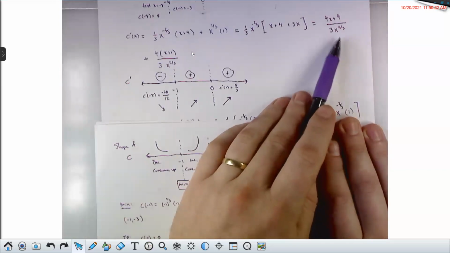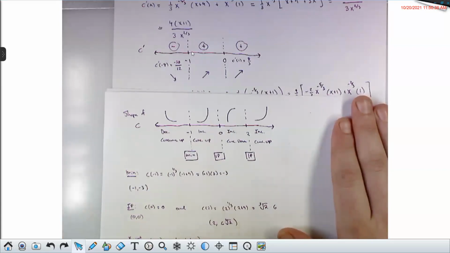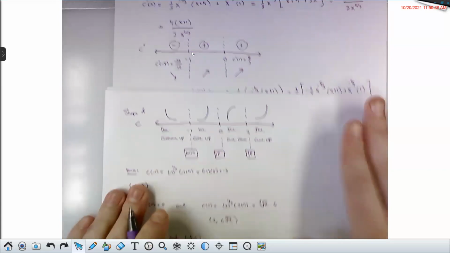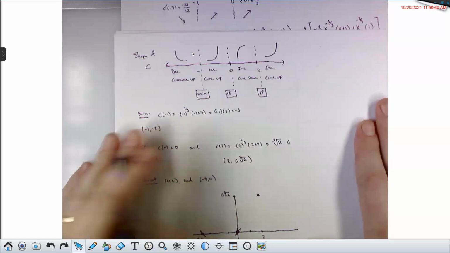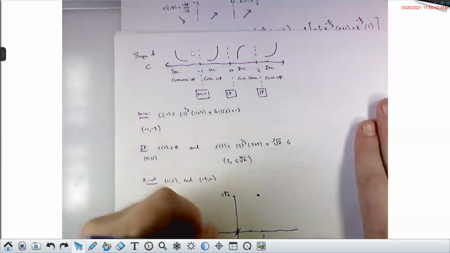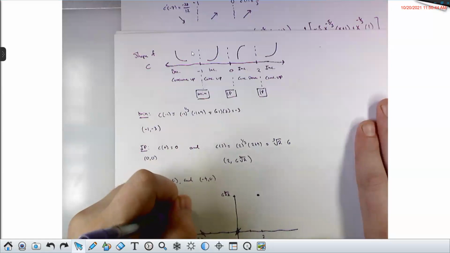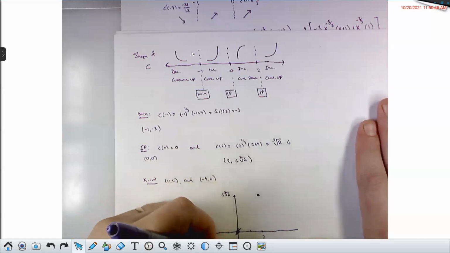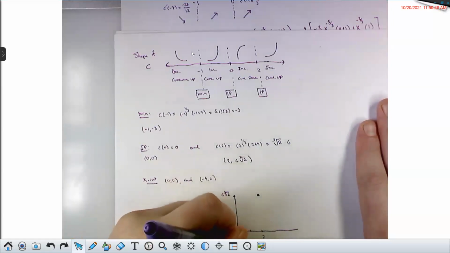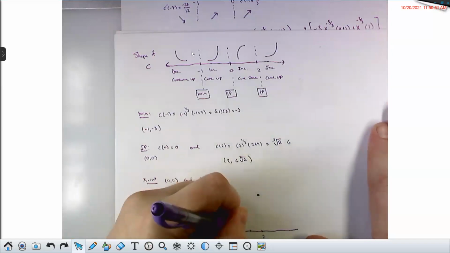That sounds good. The other thing I would note here is that your first derivative at 0, this thing actually blows up to infinity at 0. It's not just an inflection point. I shouldn't have drawn it like that. It's also a vertical tangent line. So let's go ahead and sketch this. That means we're looking at something like this. When we come in here, we have a vertical tangent line.